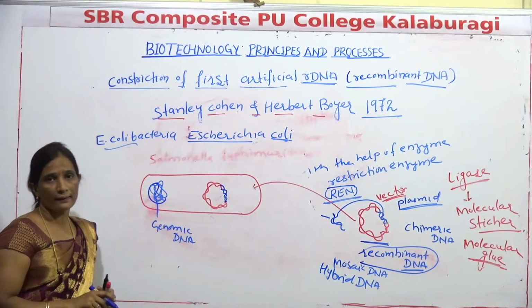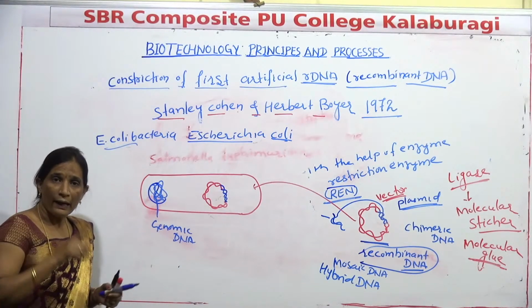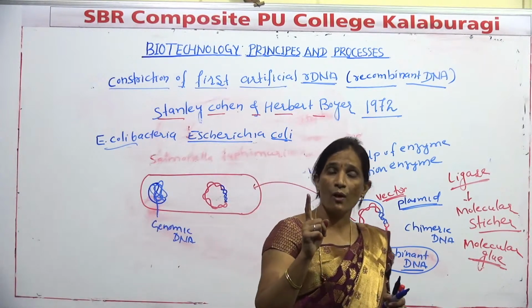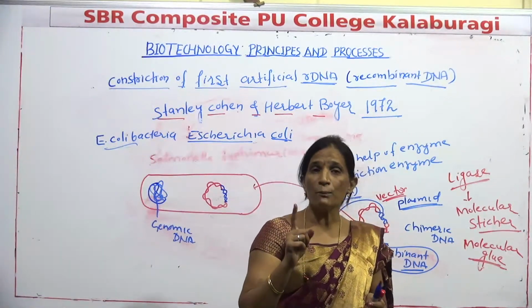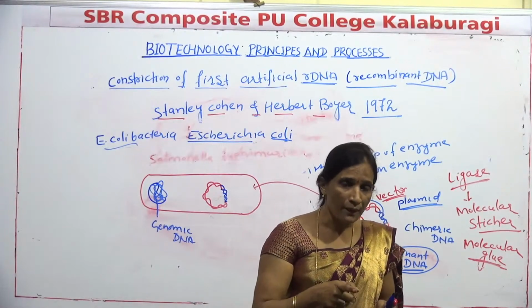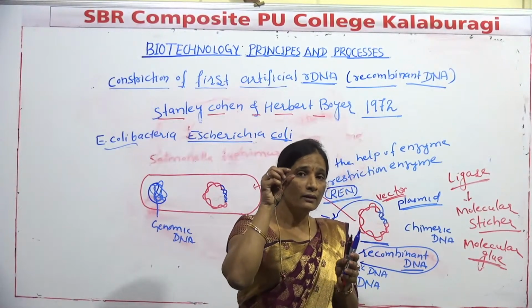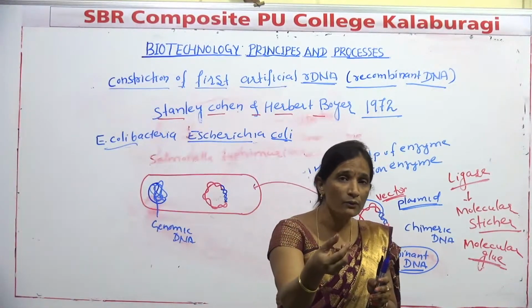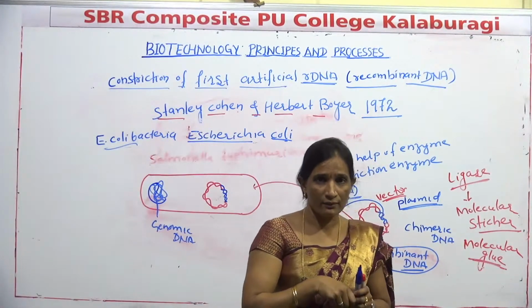Remember here that the antibiotic resistant gene is isolated from the native plasmid of Salmonella typhimurium, and that antibiotic resistant gene is introduced into the vector.